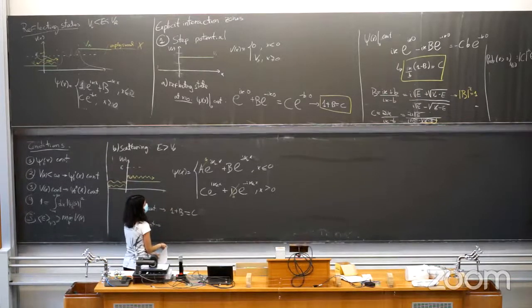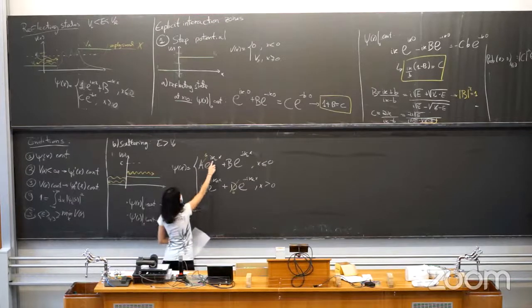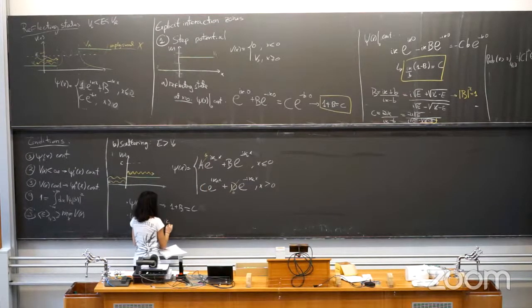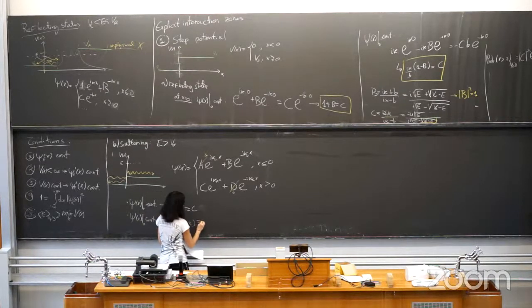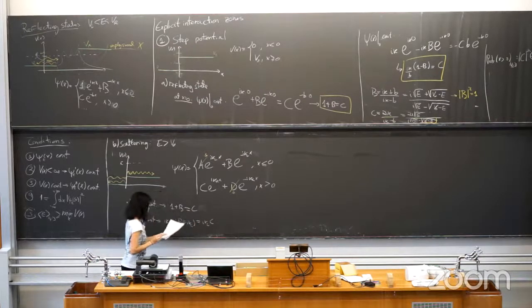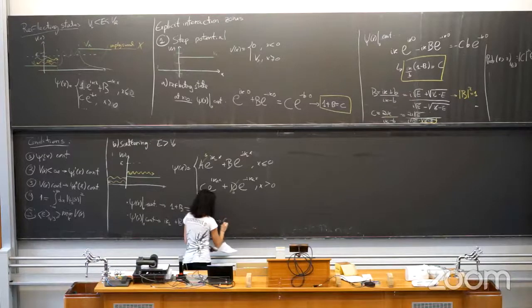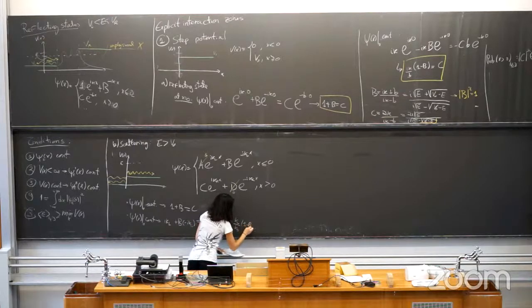So we get i k_L times 1 plus b minus i k_L times 1 equals i k c times 1. So we get that c equals k_L over k times b.